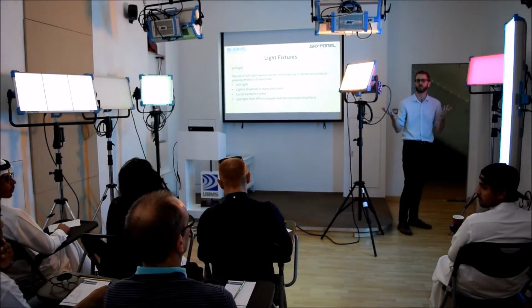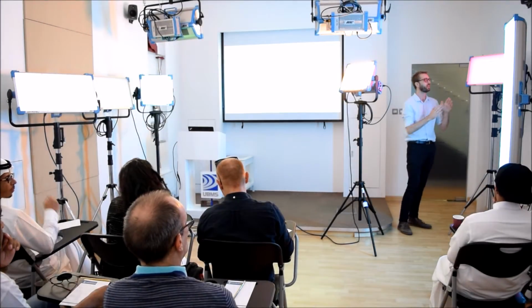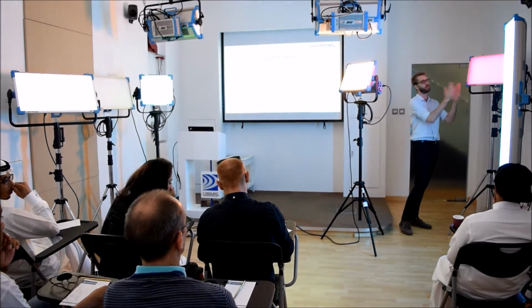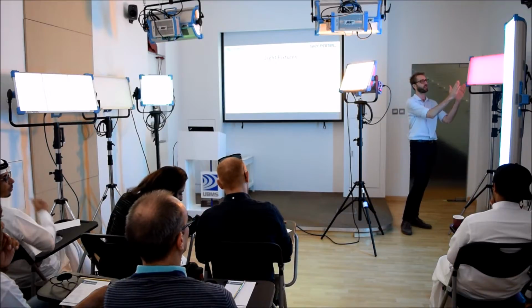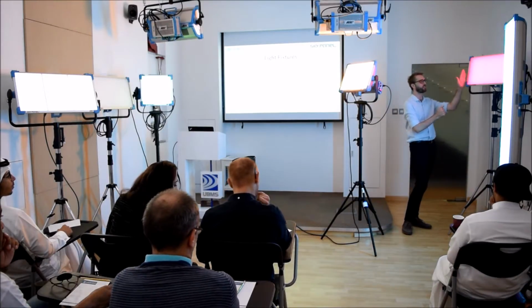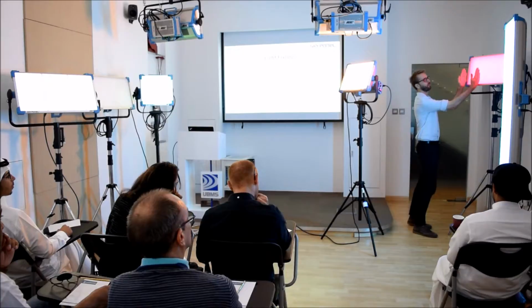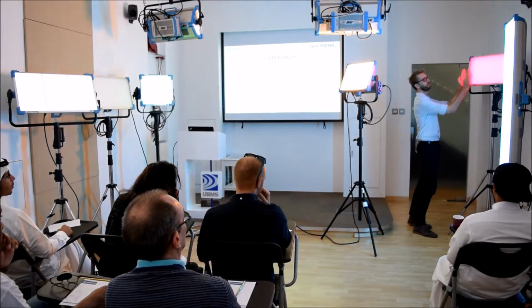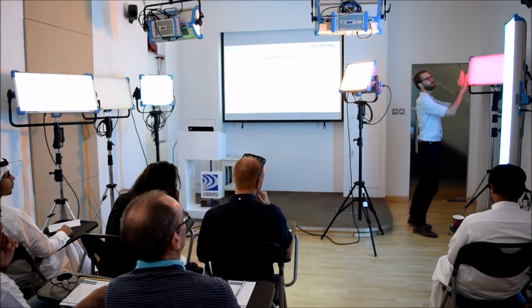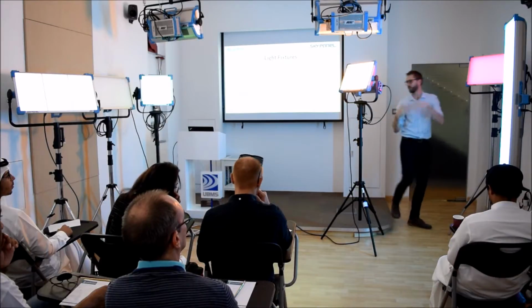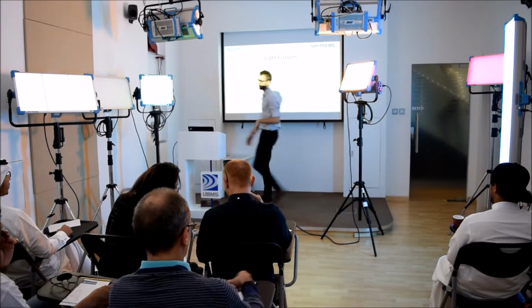Like a honeycomb almost, yeah, but square. And it sits out maybe this thick from the light, and it controls the maximum angle that light can come off. Anyway, it's a way of controlling spill.